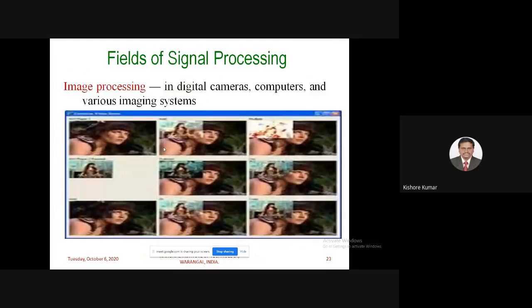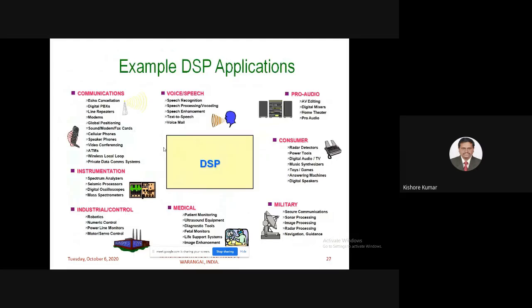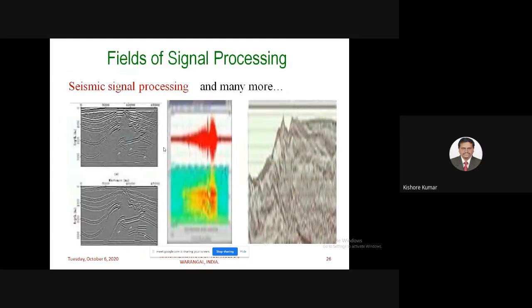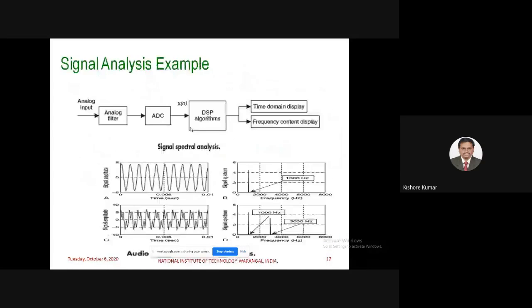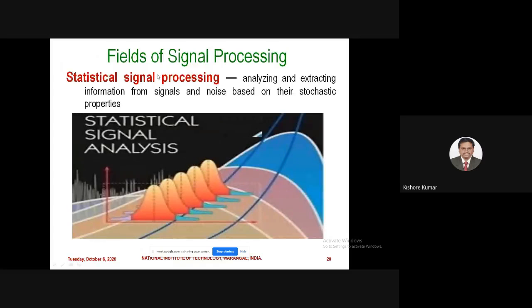If you take any particular domain, all these areas, and you want to pursue research, then signal analysis, signal decomposition, feature enhancement, noise reduction, signal compression, signal encryption and transformation, all these things you can apply to these fields.